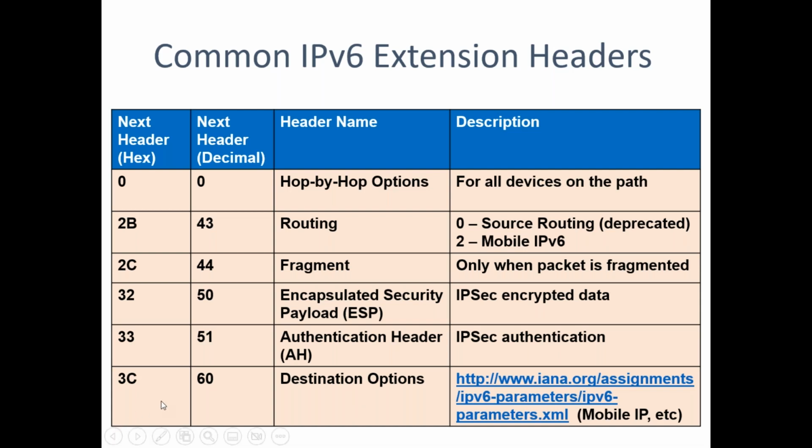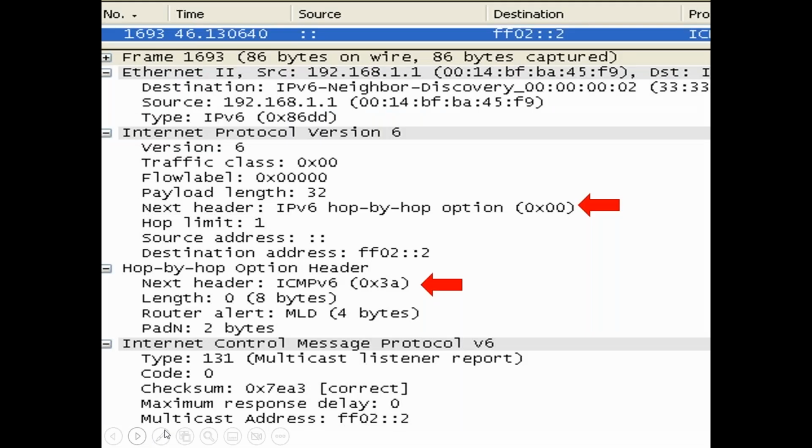It allows the destination itself, the source, the server, or the client, to put in something which will be decoded by either end. It's information from both ends, and that can be very, very useful for many reasons. Even many things that we can't foresee in the future might be done via destination options.